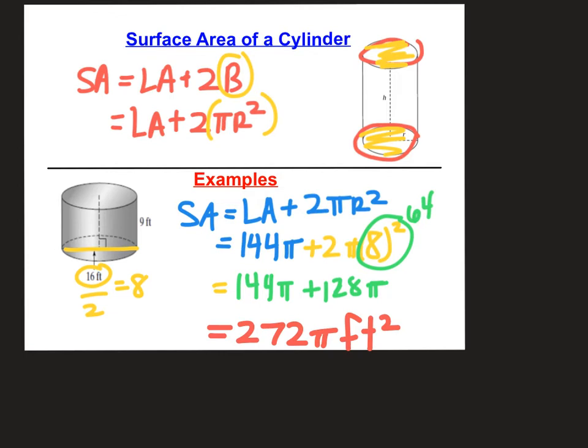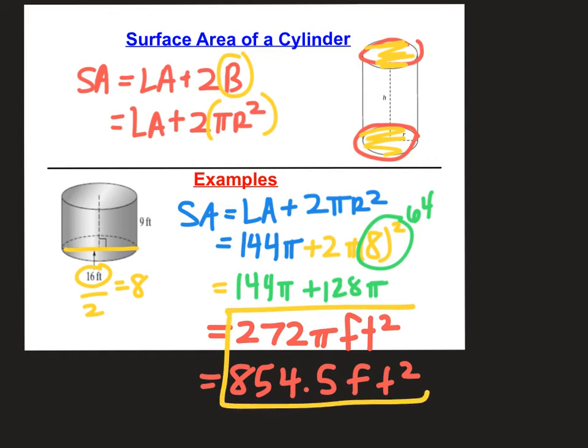And if I want that not in terms of pi, we're going to multiply by pi again, and I get 854.5 feet squared. Again, either of these two answers can be your answers. The first one is in terms of pi. The second one is rounded.